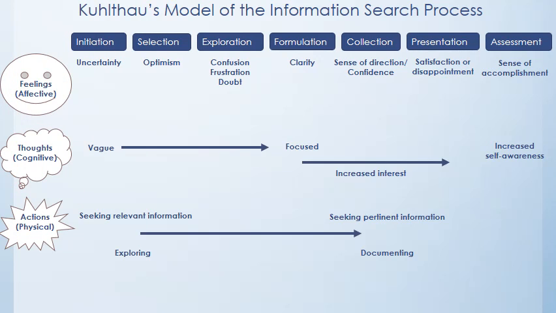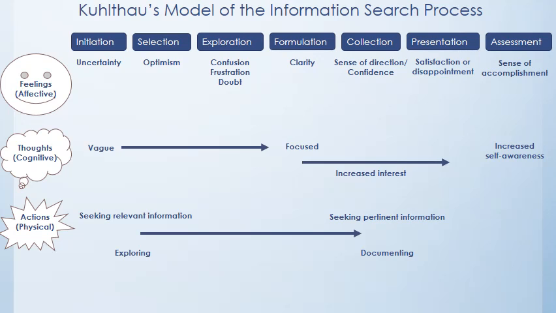Here is Kuhlthau's model of the information search process, which along with constructivist thinking forms the basis of guided inquiry. Guided inquiry is most needed during the stages of exploration and formulation, and it is here that teachers and librarians can intervene to guide students through reflection and thinking. In this stage of the information search process, students are often confused, frustrated, and express doubt.